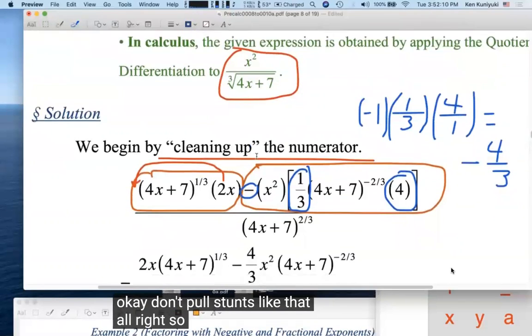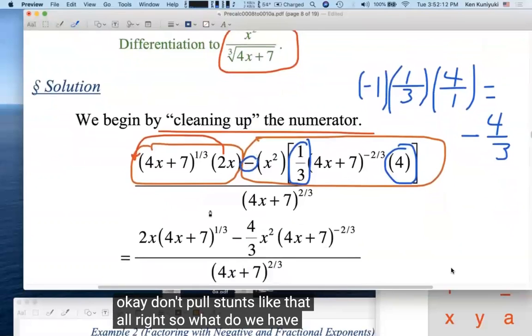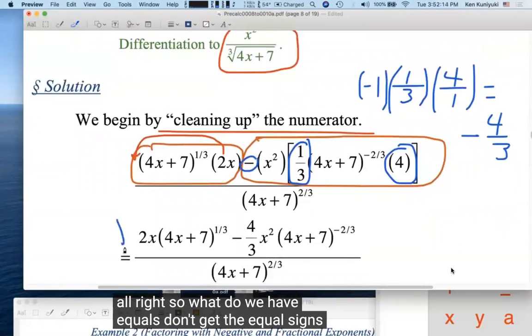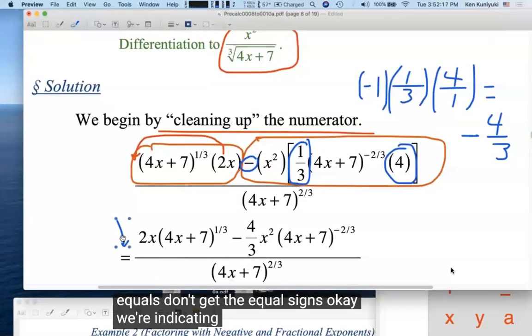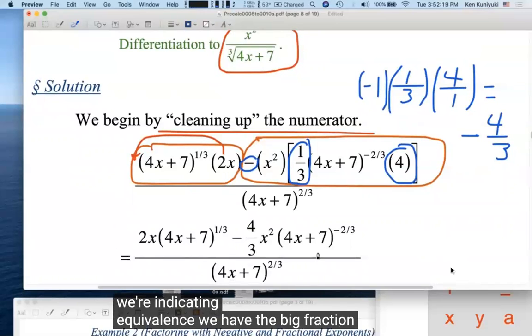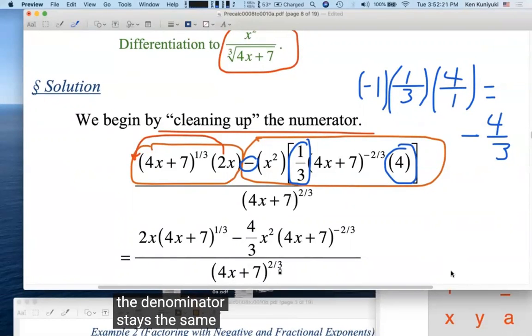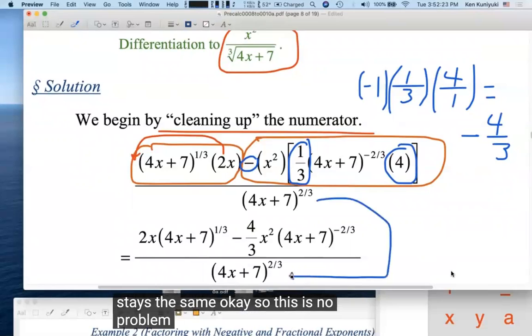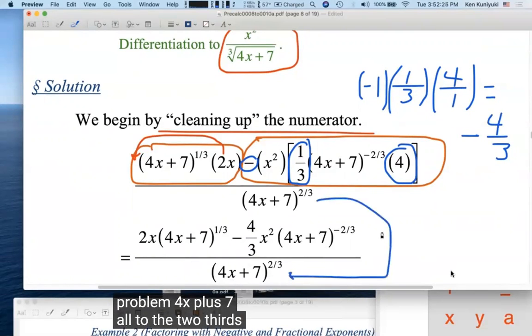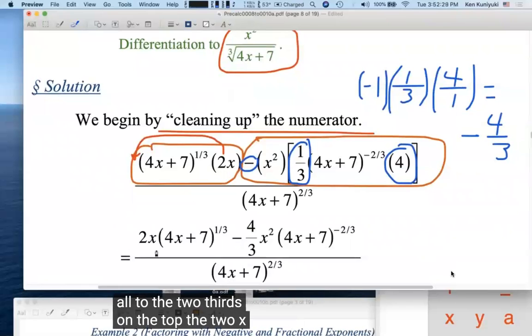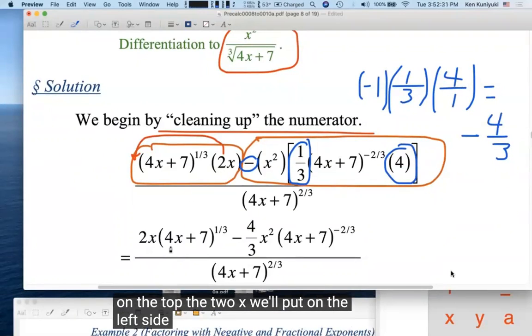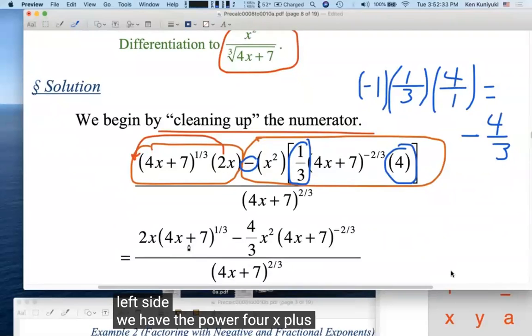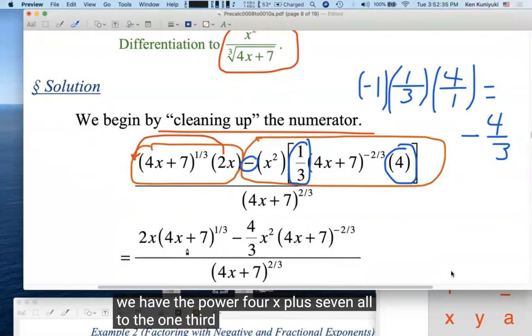Okay, don't pull stunts like that. All right, so what do we have? Equals, don't forget the equal signs. We're indicating equivalence. We have the big fraction bar. The denominator stays the same, so this is no problem: 4x plus 7 all to the 2/3. On the top, the 2x we'll put on the left side. We have the power, 4x plus 7 all to the 1/3.